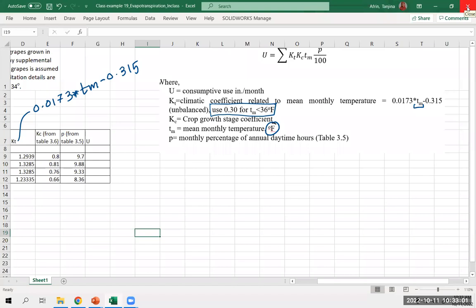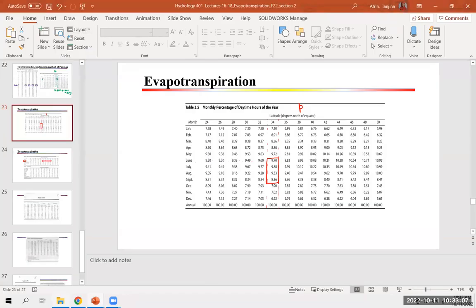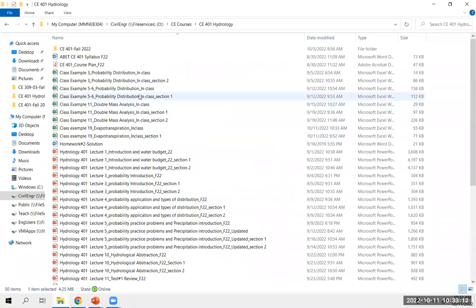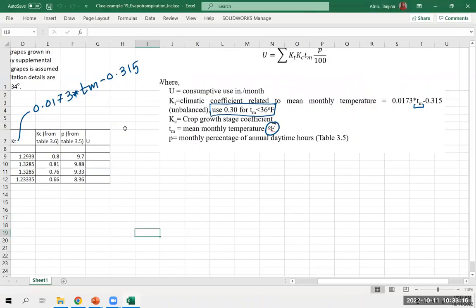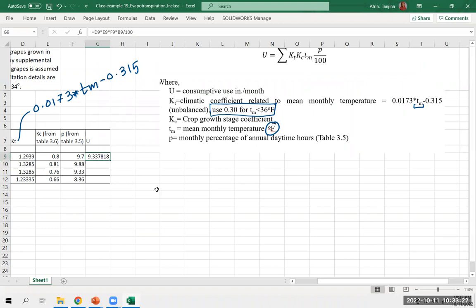So what I will do, I will just close that and I will open that again. Okay. So that is the one. Okay. So did you get 9.33, all of you, for the first month? The last bench, all of you got 9. Okay.